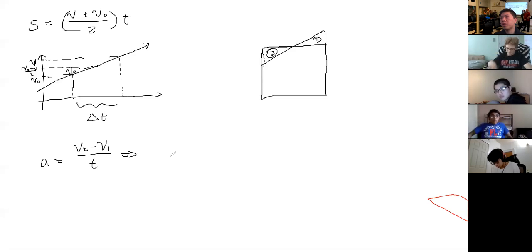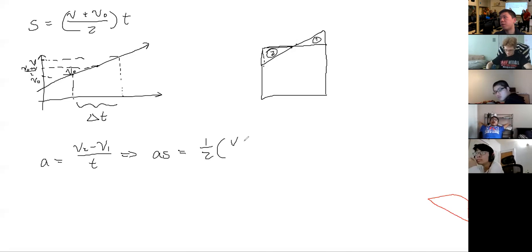So then that means if you take the acceleration times the distance, this is equal to v2 plus v1 over 2 times t. So that's what we have for distance, and then multiply it by acceleration, right? Which is v2 minus v1 over t.